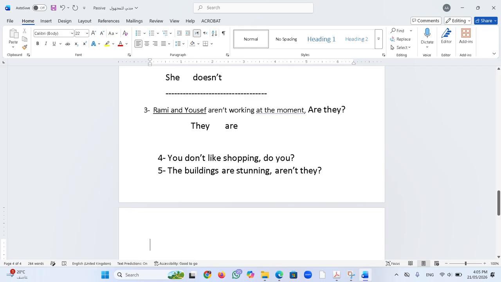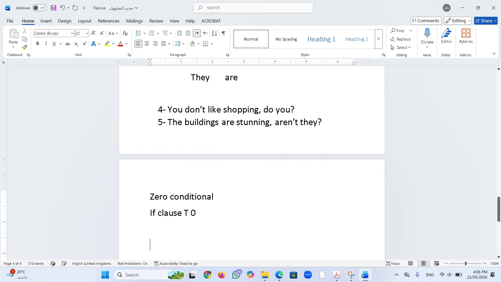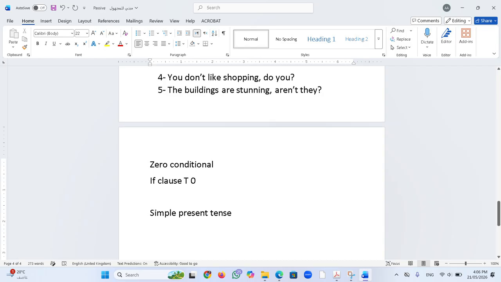Now let's take the last structure. The last structure is called zero conditional. Zero conditional. If clause type 0, or zero type, includes the simple present tense. What do I mean with simple present tense?